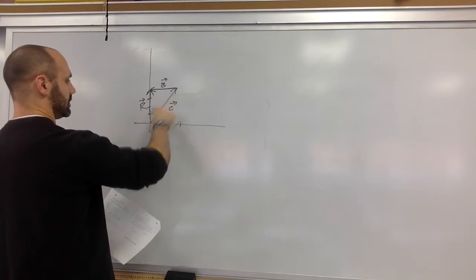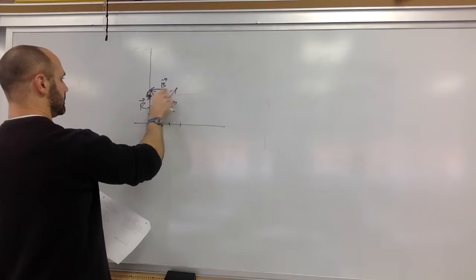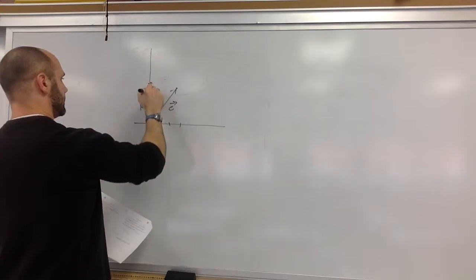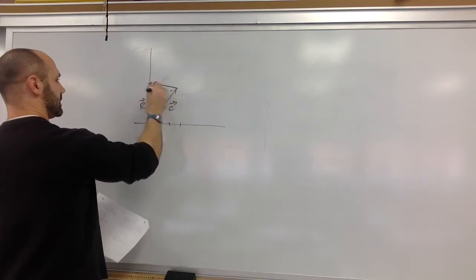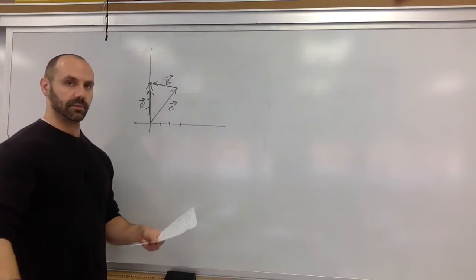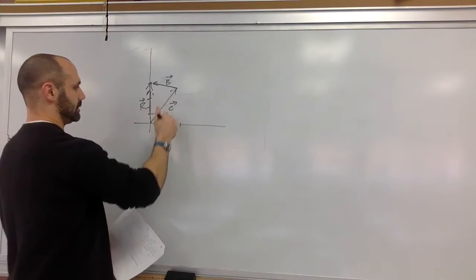What's the magnitude of C? It's 5, right? So this has got to go up one more. See, I got that wrong. Read carefully. So R is like this. That means B has to be like this. Now, in unit vector notation, this is simple. I need B to go up 1 and to the left 3, right?